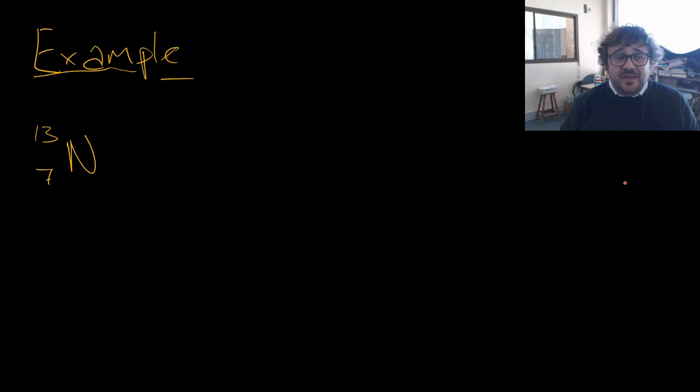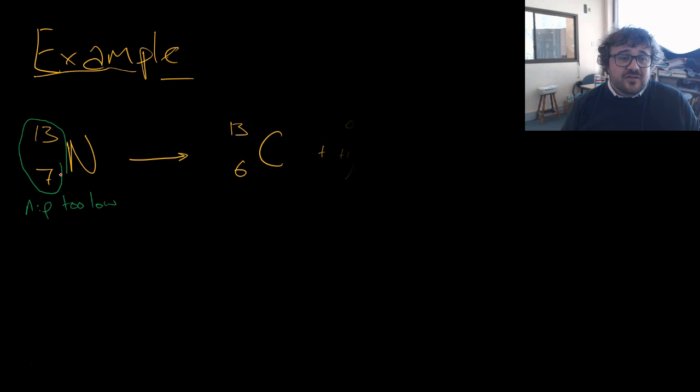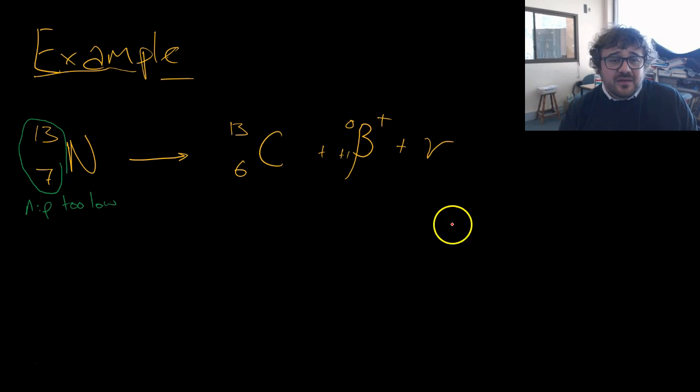So let's have a little example. Here is nitrogen 13, so 13 is the atomic mass, and 7 is the proton number, or atomic number. We see that the neutron to proton ratio is too low, so we've actually got more protons than we do neutrons. So we go through this. The atomic mass stays 13.